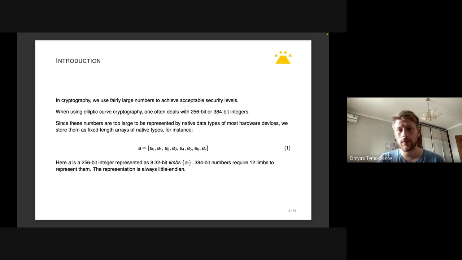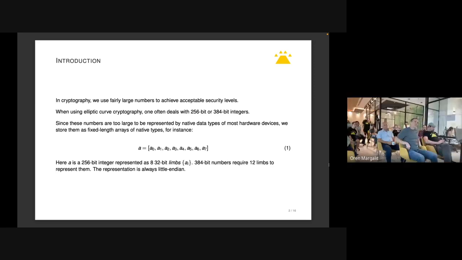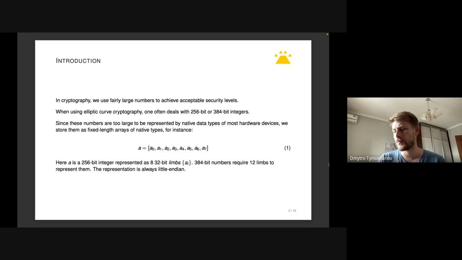This means that on most hardware, on CPUs, GPUs, FPGAs, we cannot really use built-in types that are usable by hardware directly to represent these numbers, which means that we need to basically represent them as slices of built-in types, as here in equation 1.